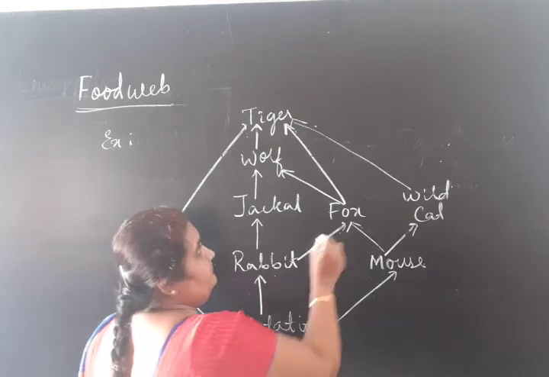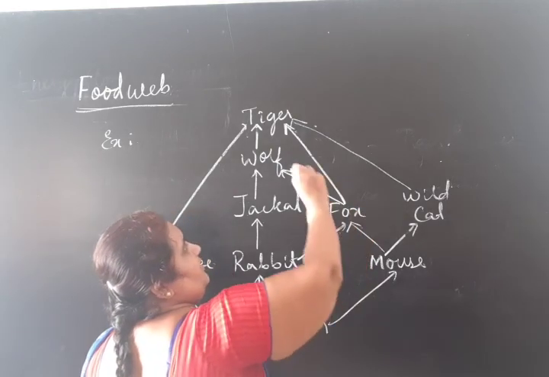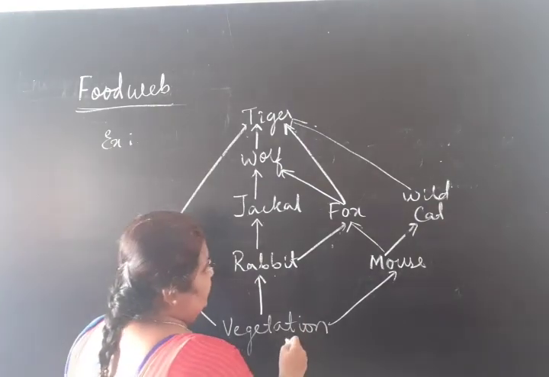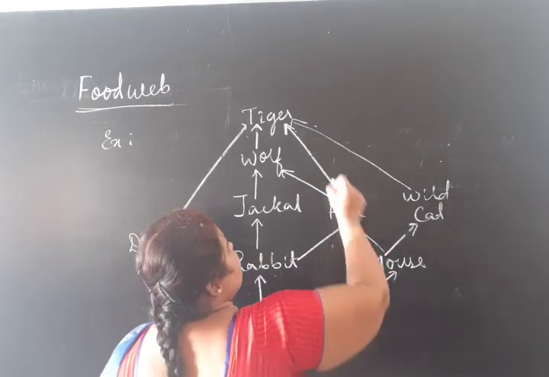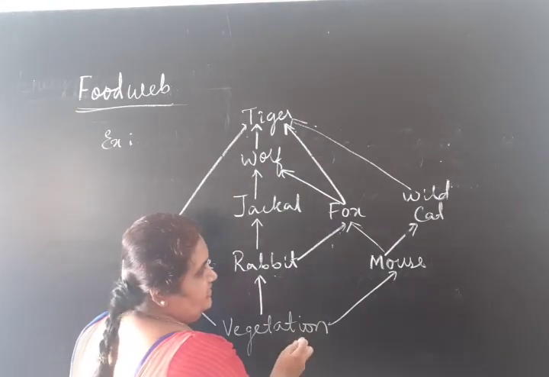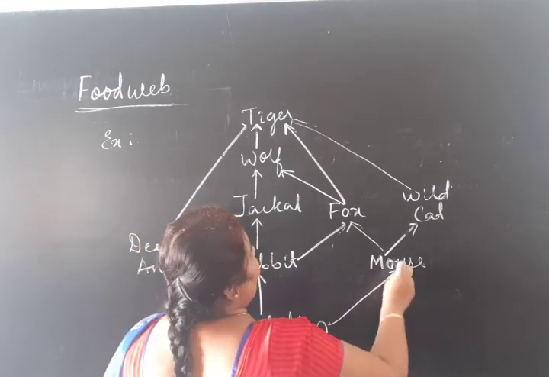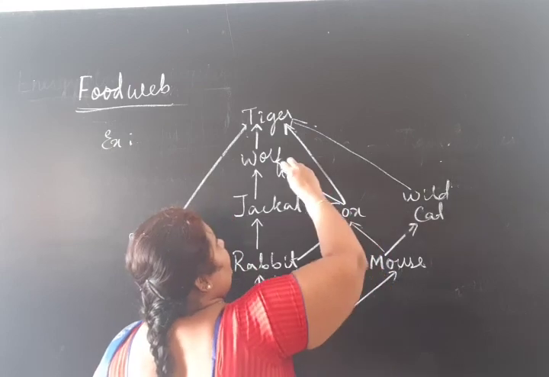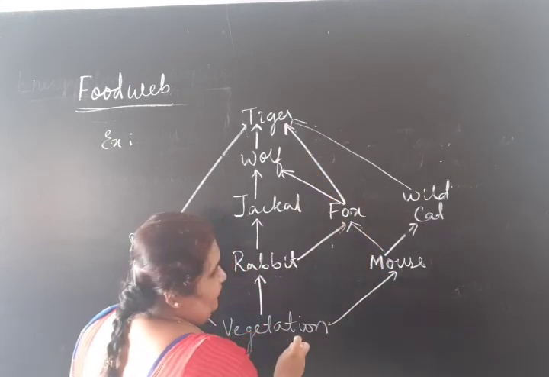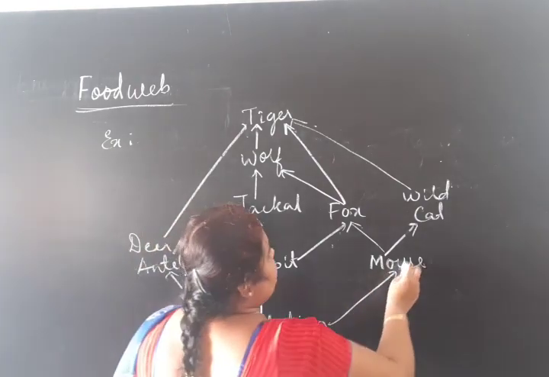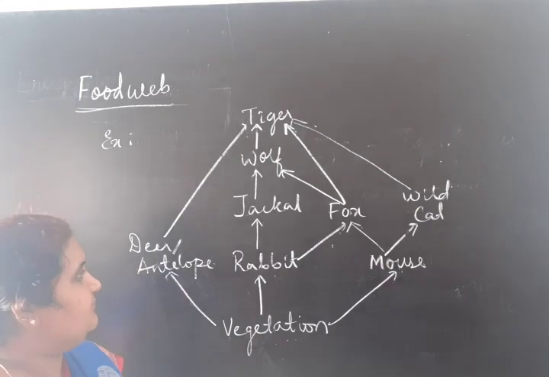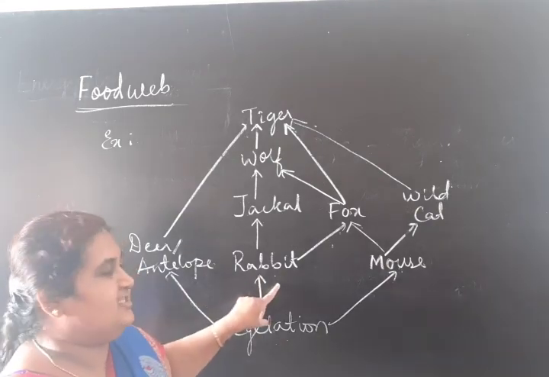Vegetation, rabbit, fox, wolf, tiger. One more: vegetation, rabbit, fox and tiger. Similarly, vegetation, mouse, fox, wolf or tiger; vegetation, mouse, wildcat and tiger.